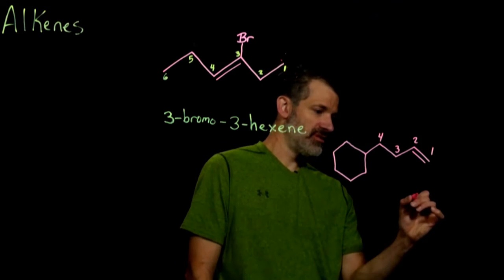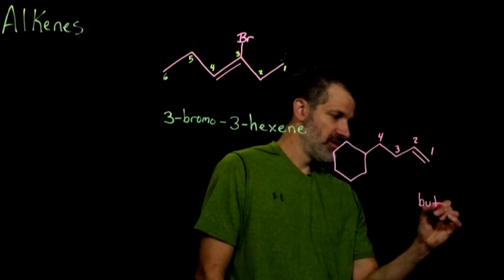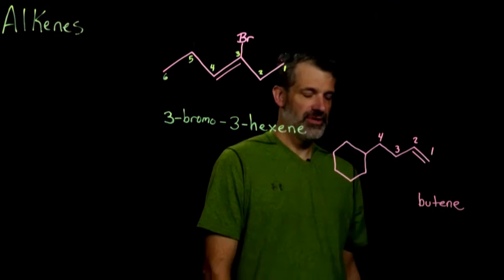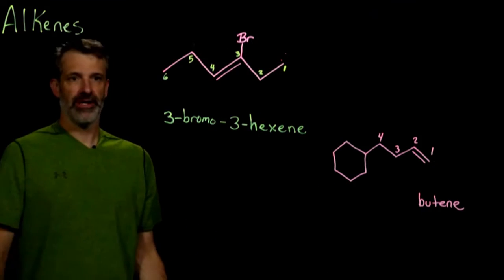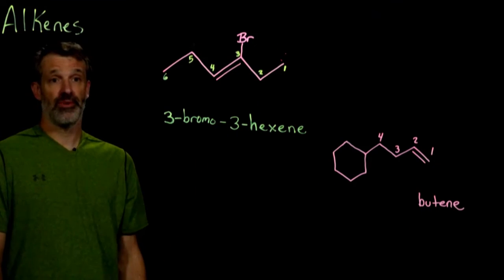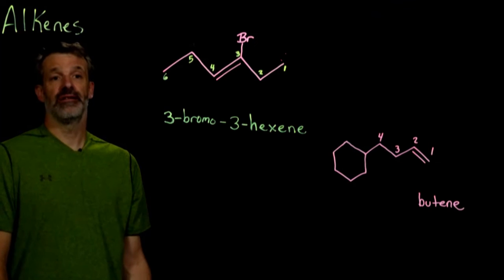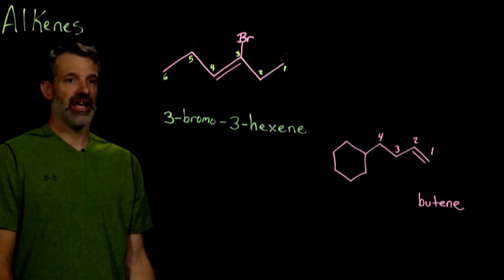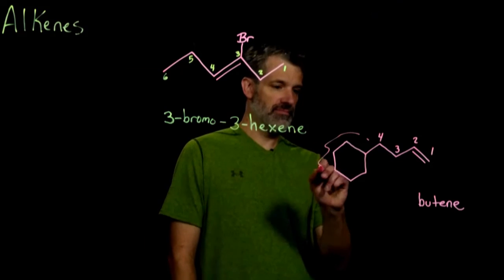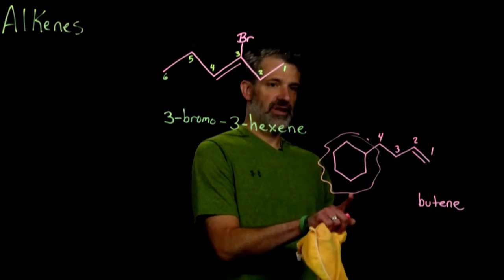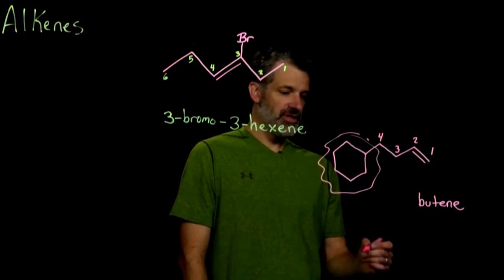So 4 carbons is butene. The double bond is located on carbon 1, so I do not need to place the number 1 in front. It is implied to be on number 1 if I leave it as butene. Last thing to do is to name this substituent.